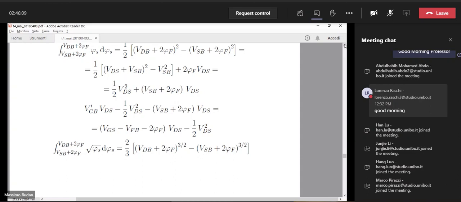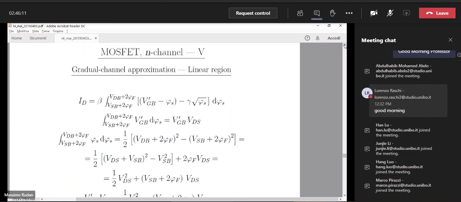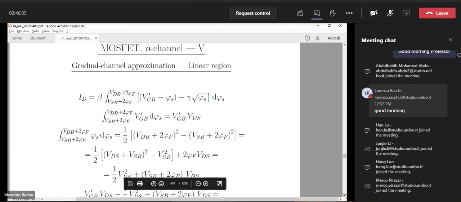To conclude, we must calculate the part of the current associated with the square root of phi s. Obviously, the integral will give you 2/3 gamma times phi s to the 3/2, still limited between the two integration limits.